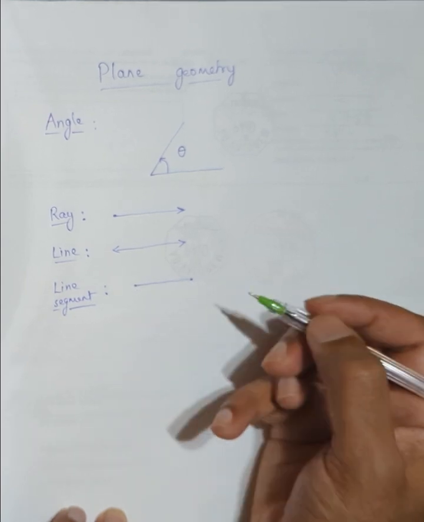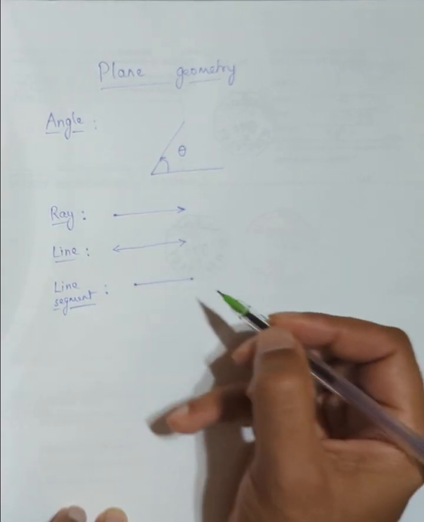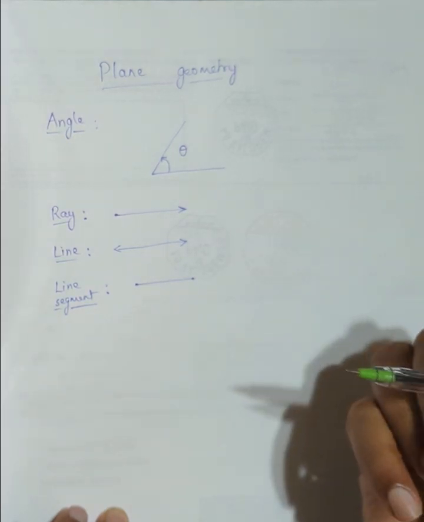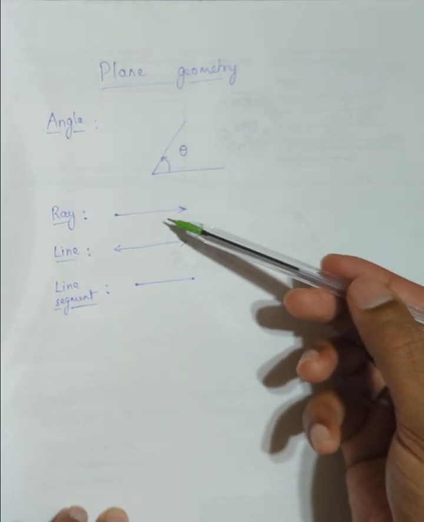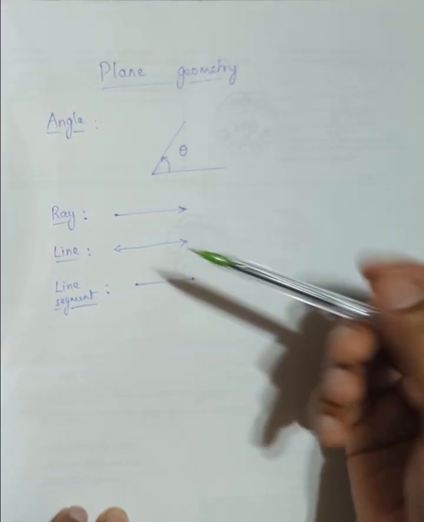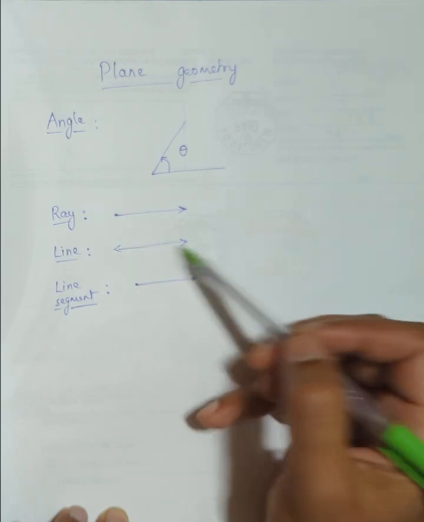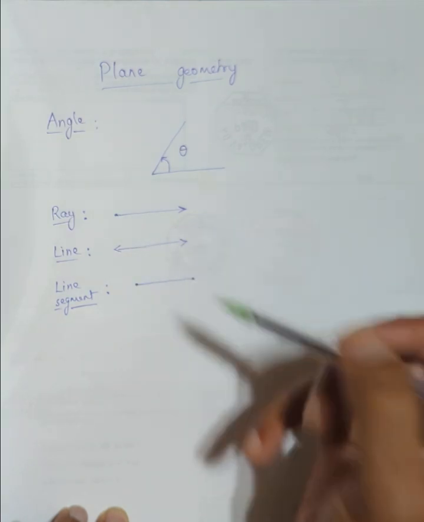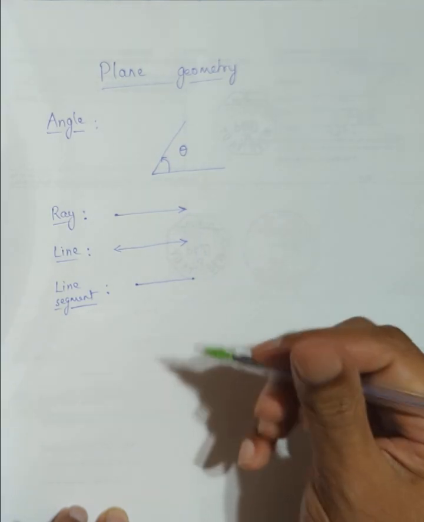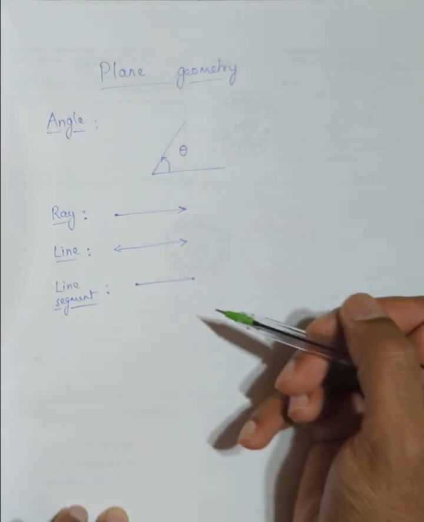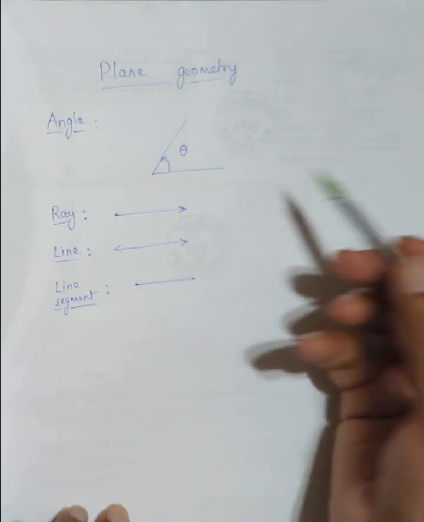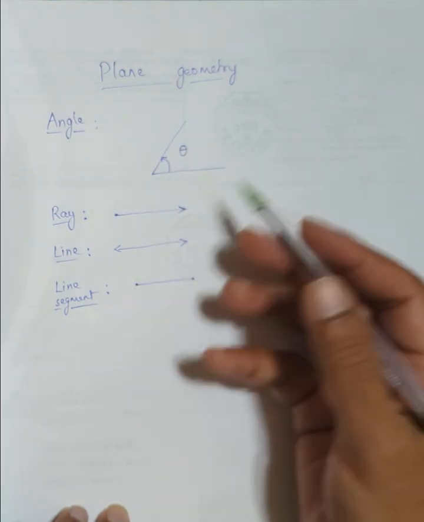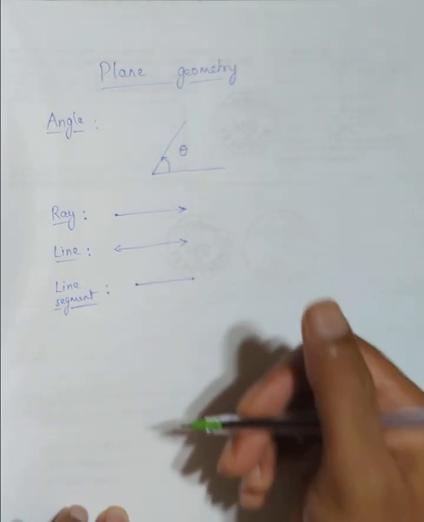It has both a starting and an ending point. So: ray, line, and line segment. One thing I want to tell you is that these have to be straight. They cannot be curved. So these are the three related words. Now, if we say that an angle is formed between two rays, it could also be formed between two line segments or between two lines.